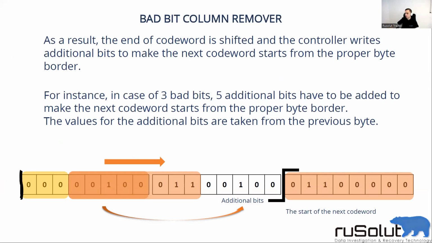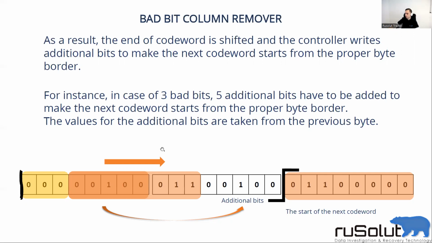With bad bits, it's quite a more complicated problem, because the controller was working in such a way that it was adding bad bits to the data, to the page, and then it was writing additional bits to the end of each code word which contained bad bits, to make the start of the next code word proper, to start it from the byte that was defined as a standard.